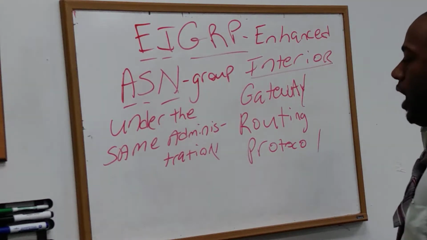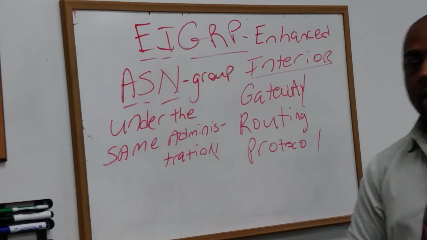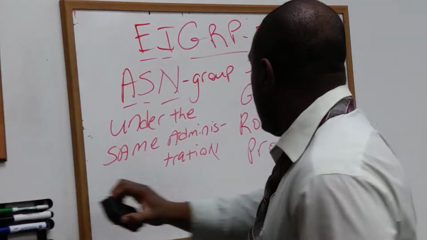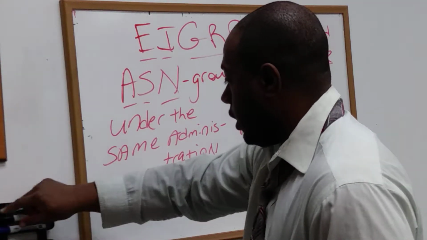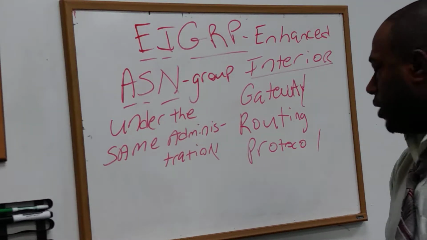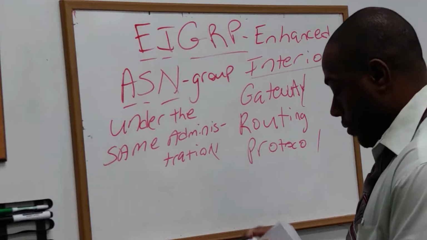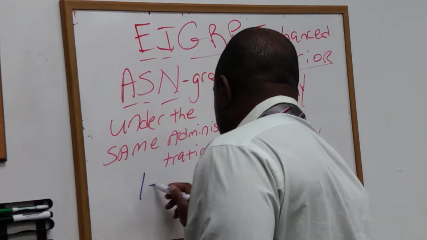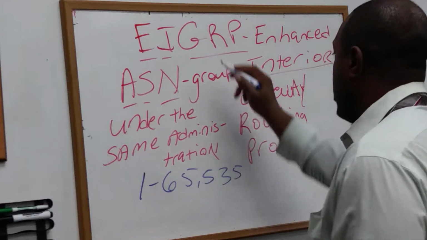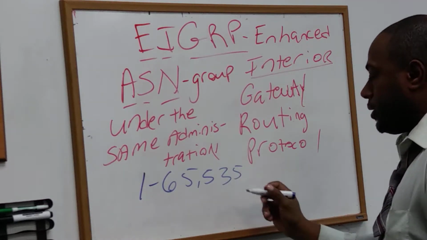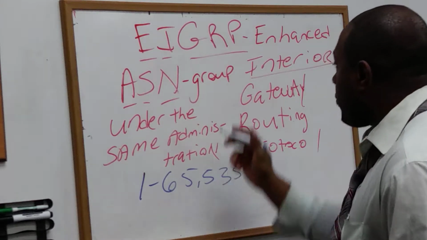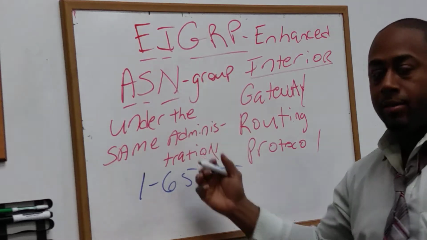Now, in EIGRP, we have autonomous system numbers, correct? Autonomous system numbers in EIGRP would be from 1 to 65,535. Now, the rule for EIGRP is the autonomous system numbers have to be the same.